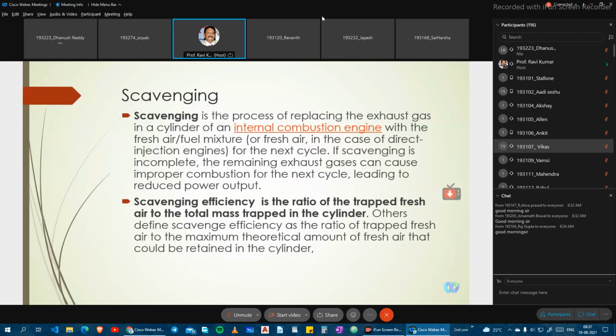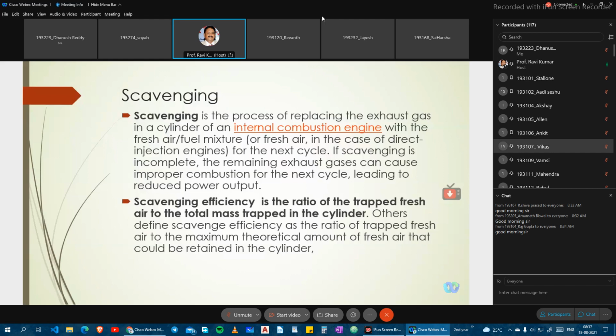Basically, on opening of the inlet port, fresh air will enter the chamber and combustion will take place. Once the spark is given, combustion takes place. Because of the combustion, power is produced and the piston is pushed down by the power stroke, and the leftover gases are pushed up and out through the exhaust port.